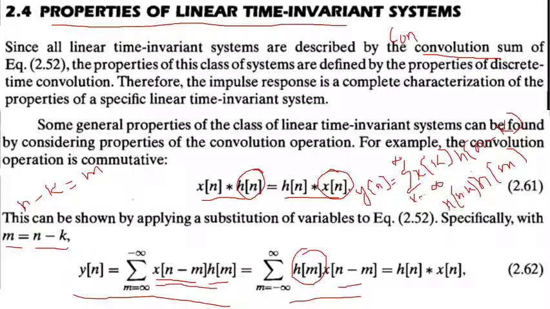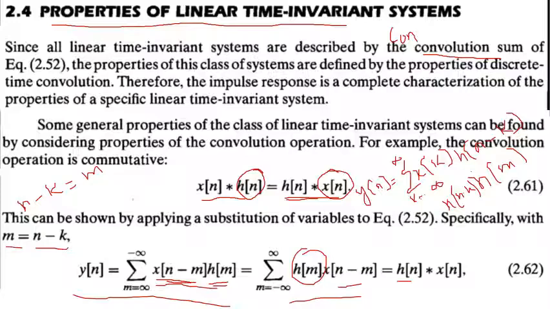It proves that both are equal. It means that we have to shift and flip x. We have to keep the response steady. Here we have just rearranged them, writing h of m before x of n minus m.